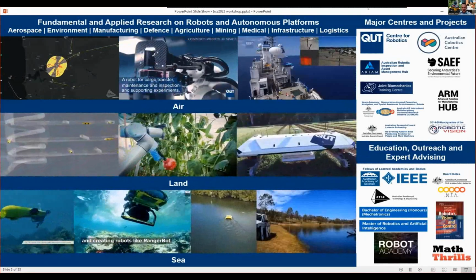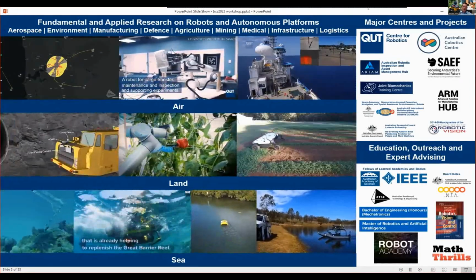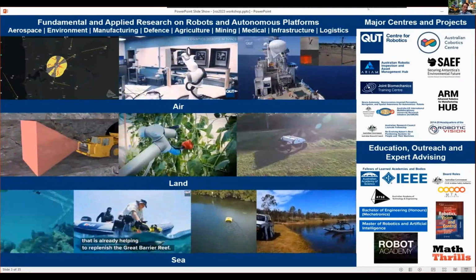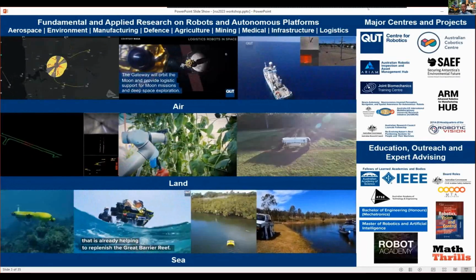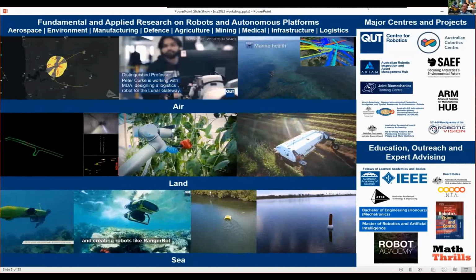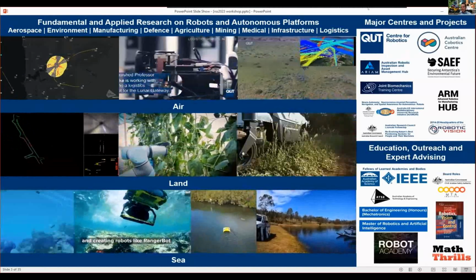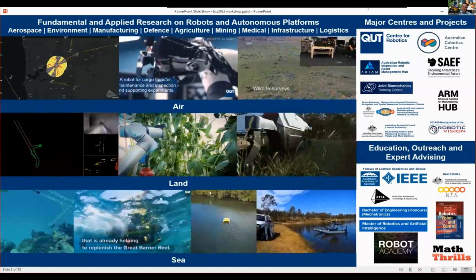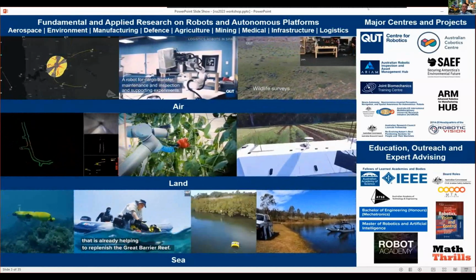So unmanned aerial systems in our skies, on our oceans, deep underneath our oceans, on roads, off roads, on farms, in the environment, and even deep underground in mine sites and in surgical theaters. We have both fundamental and applied projects in all of these areas.